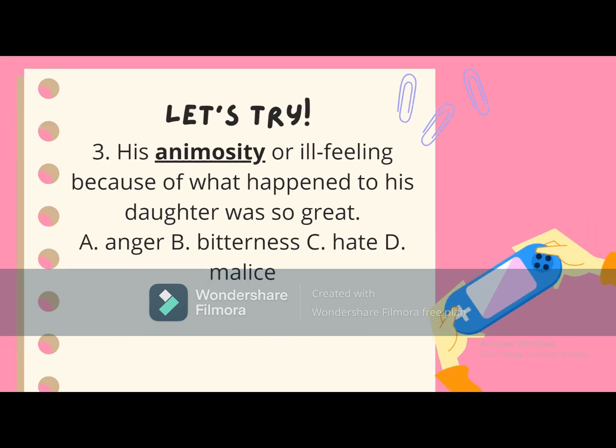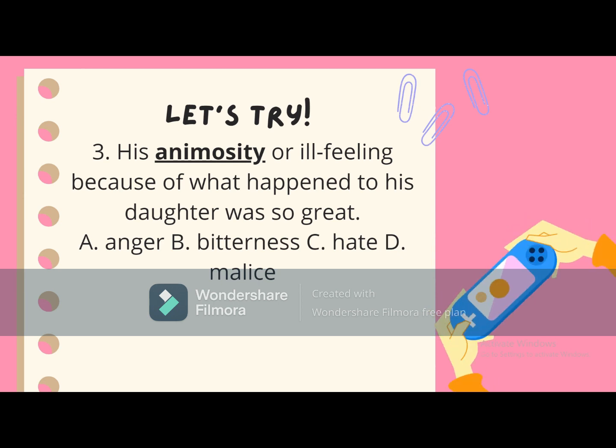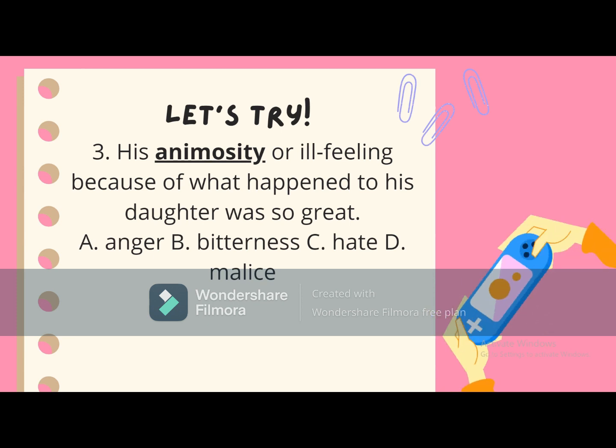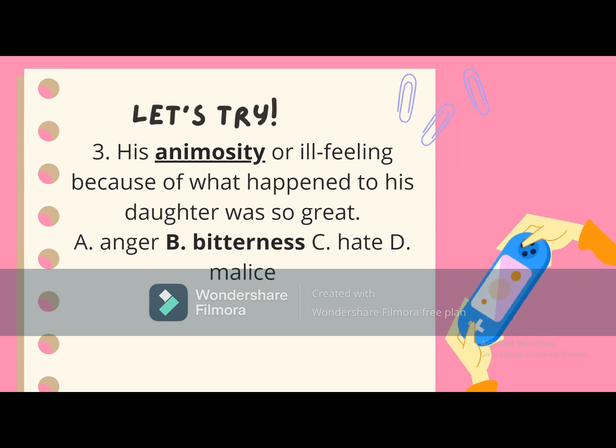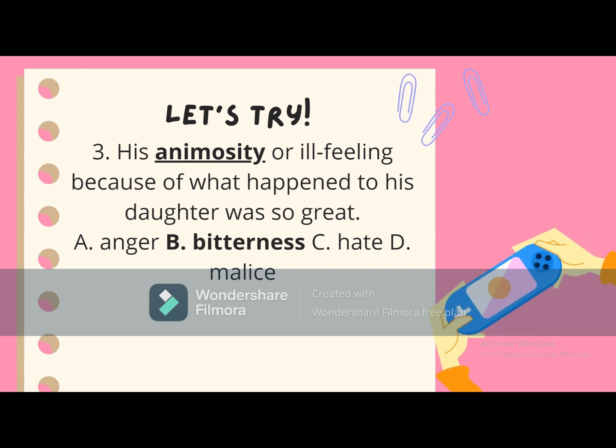Let's have this one. His animosity or ill feeling because of what happened to his daughter was so great. Anger, bitterness, hate, or malice. What do we mean by animosity? It means B, bitterness or ill feeling, pagiging bitter.